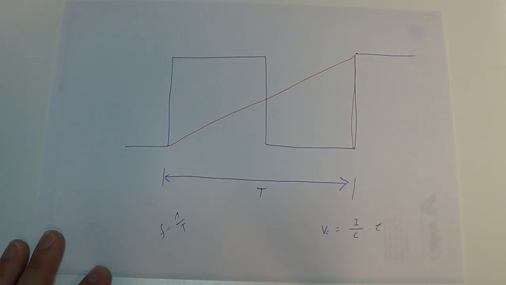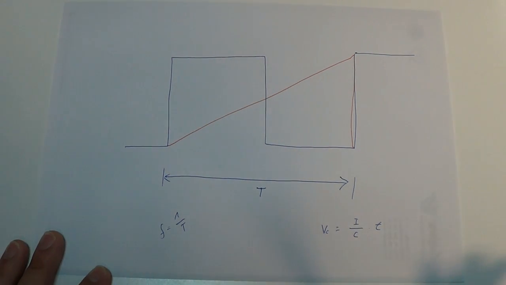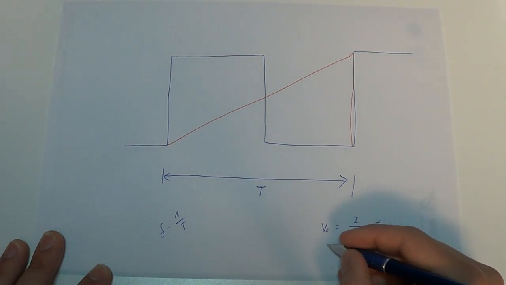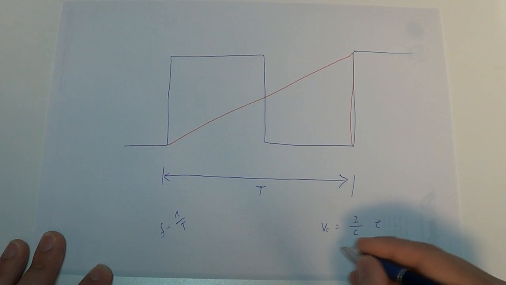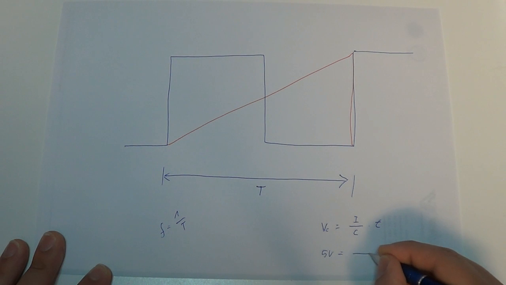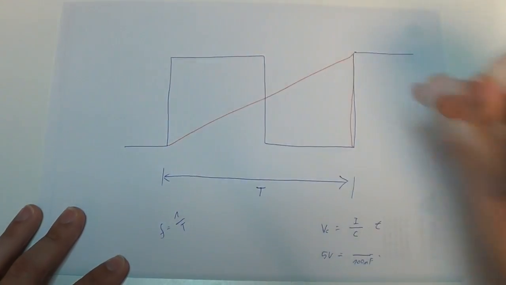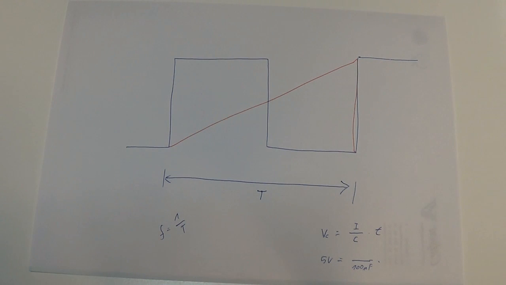So if you are going to use for your maximum control voltage, let's say 5 volts, then you will have to replace in this equation here 5 volts, and you have to choose your capacitor, let's say 100 nanofarads, and then your time, your period, the time that takes a complete cycle of that signal.